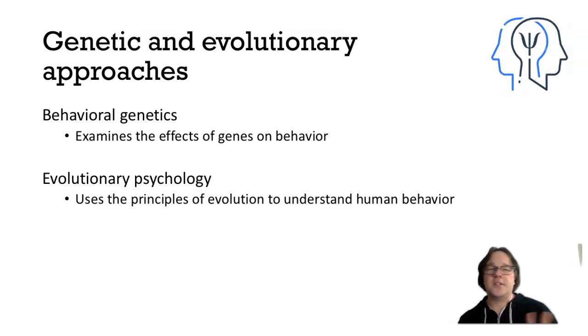Why is the genetic and evolutionary approach important? Well, because as social animals, it's likely we got this far in our evolutionary journey because we cooperated, or at least because we cooperated with our own groups, right?